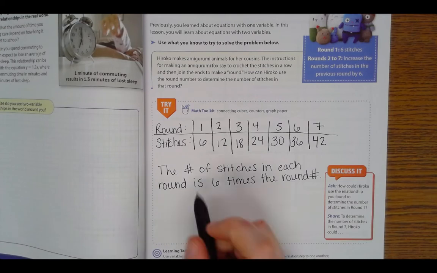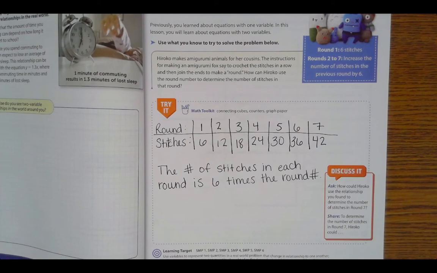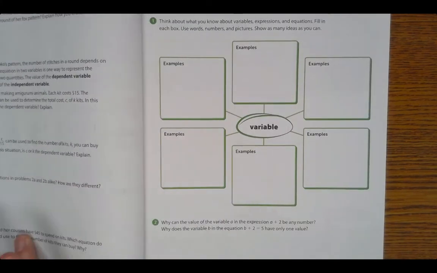So we could say that the number of stitches depends on how many rounds we do.